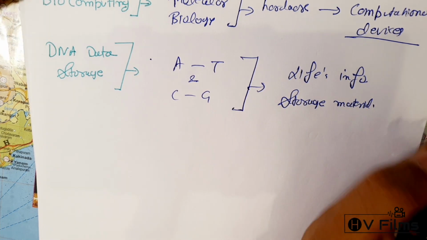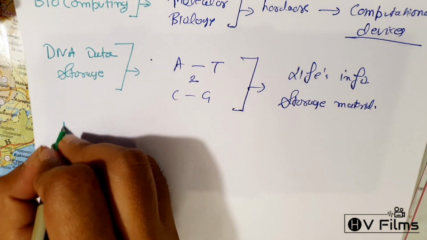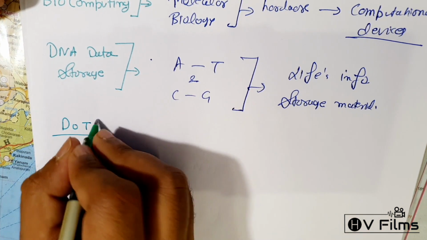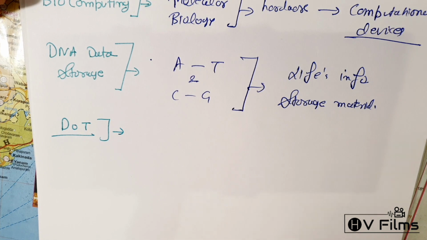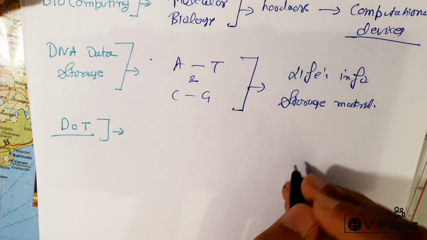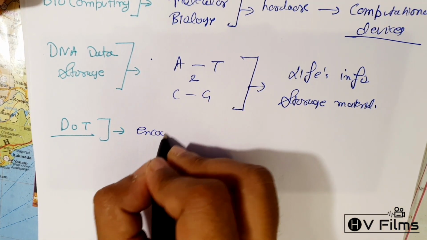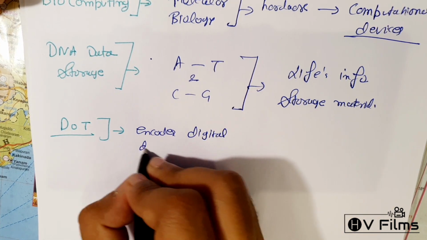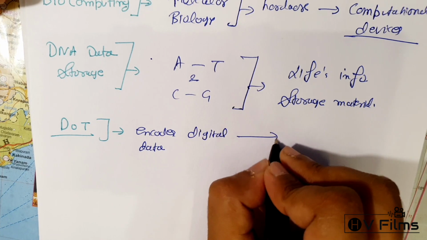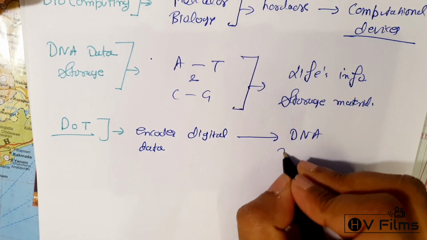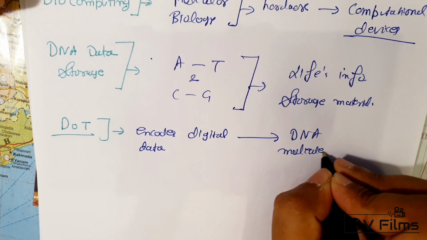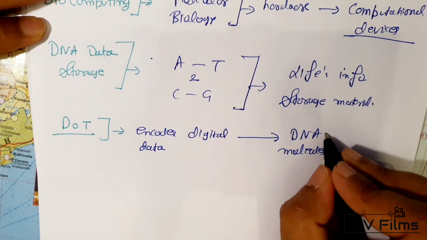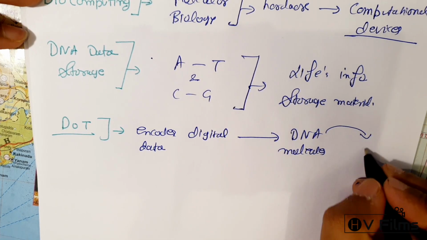The same concept is basically for the DoT. DoT stands for DNA of Things. The DoT encodes digital data into DNA molecules, which are then embedded into objects.